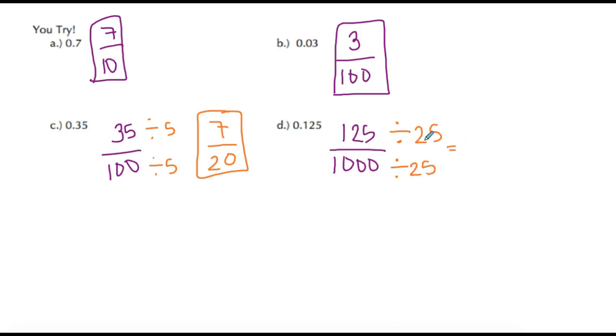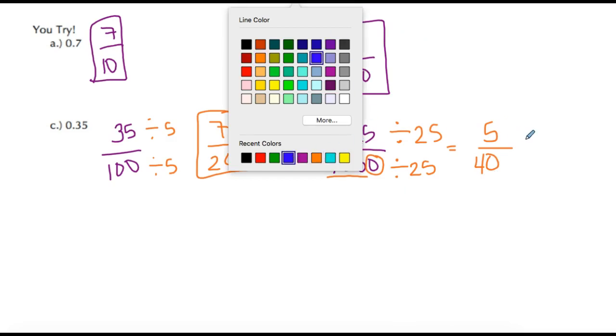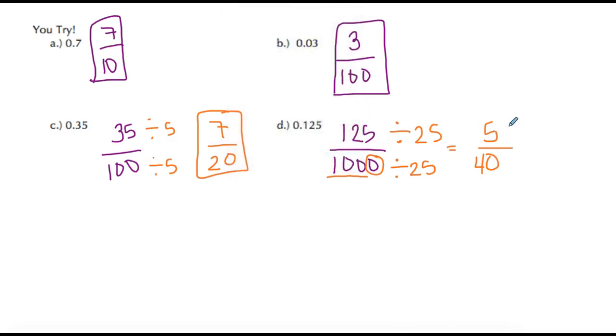So 25, if I'm thinking about quarters, is made up of 5 quarters. And 25 in 100 is 4. And then I still have this 0 left. Okay, so now I need to reduce the fraction that I just got there. So let's think, what number goes into 5 and 40? The answer is 5 again. So 5 divided by 5 is 1, and 40 divided by 5 is 8.